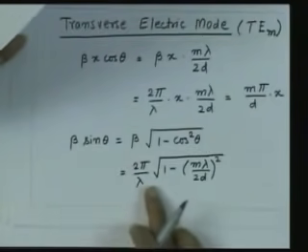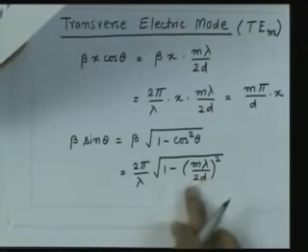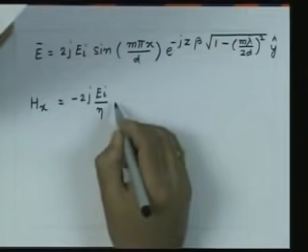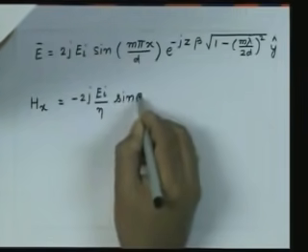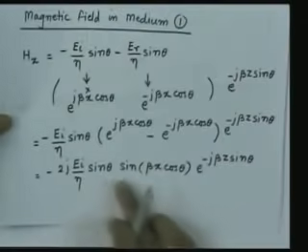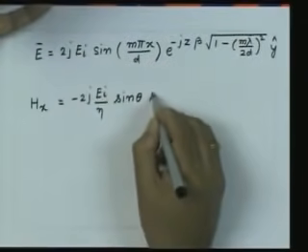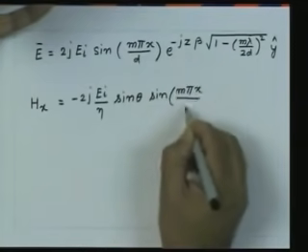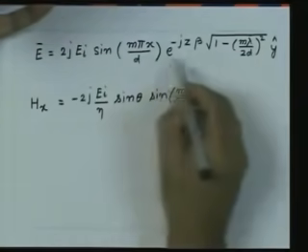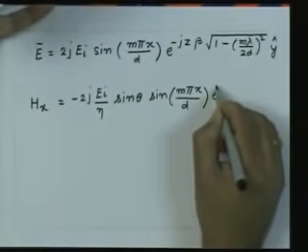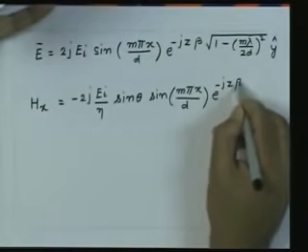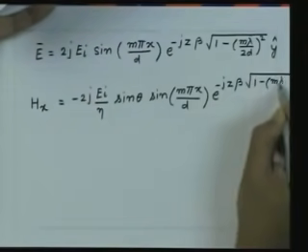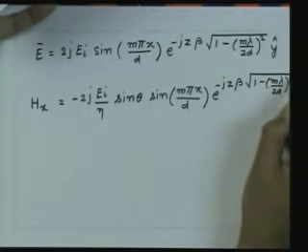So, sine of theta will be square root of 1 minus m lambda upon 2d whole square. I can write that. So, let me just keep it for time being sine theta, times sine of m pi x by d, and this quantity is same, e to the power minus j z beta square root 1 minus m lambda by 2d whole square.